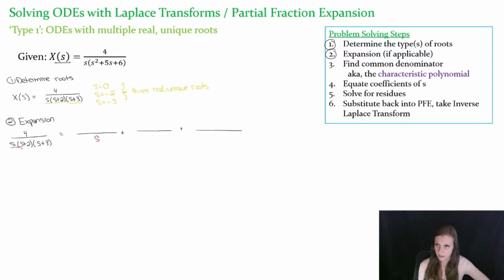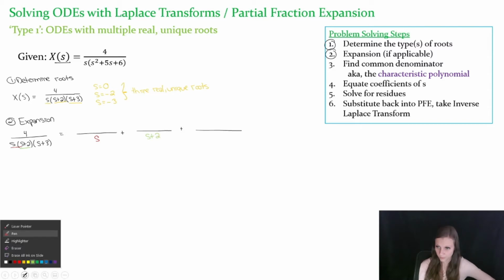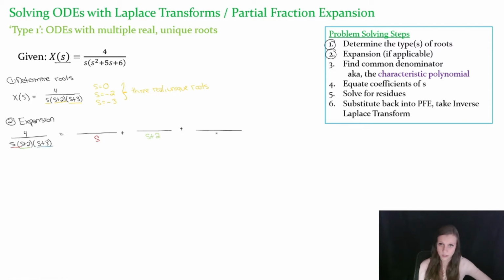I'm going to make the denominator of my second term equal to s plus 2. And the third denominator is going to be equal to s plus 3. And then I'm just going to pick arbitrary letters to represent the values of these numerators. And this right here is what we refer to as partial fraction expansion.